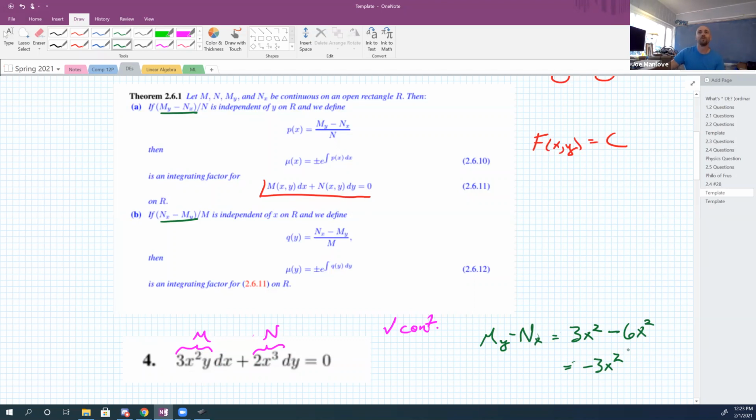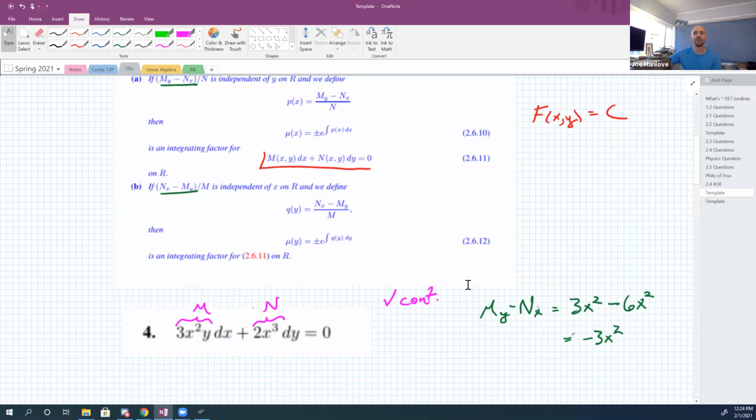Okay, now to consider part A here, I need to calculate My minus Nx over N. And so in my case, that's going to be minus 3x squared over, well, N was 2x cubed. And all I need here is that this doesn't have any y's in it.